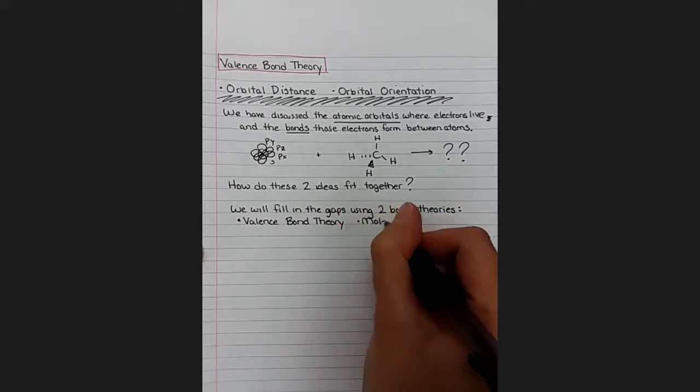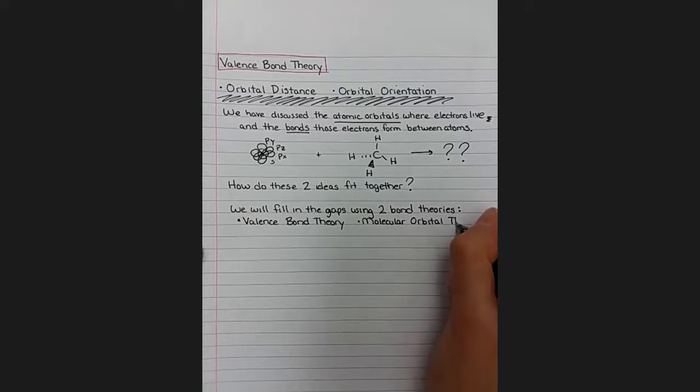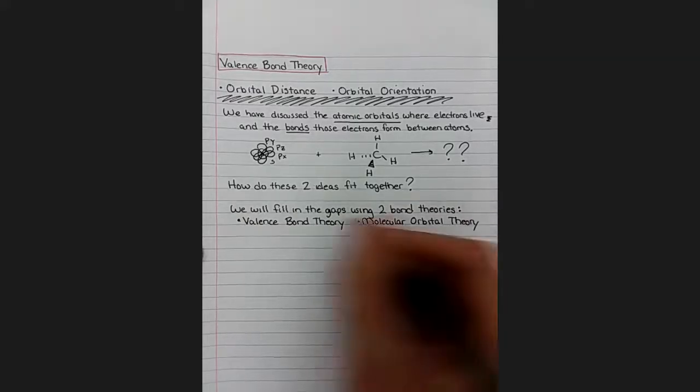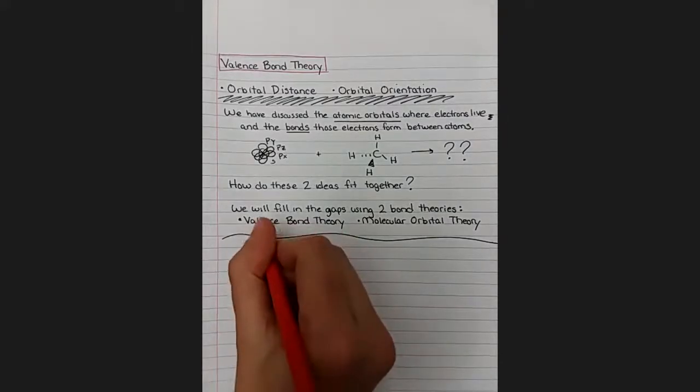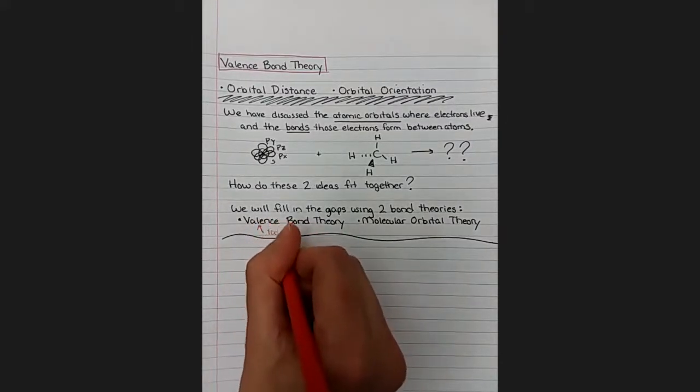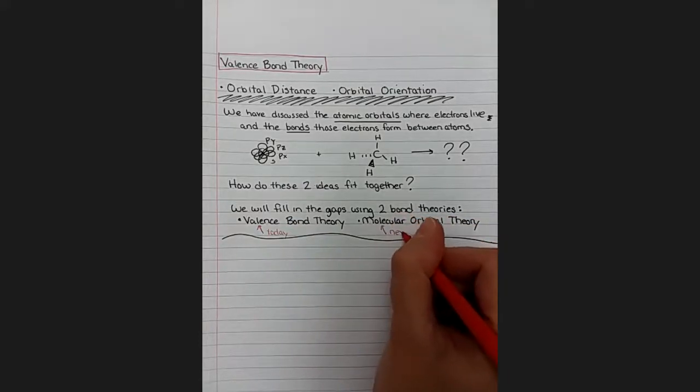And the second will be called molecular orbital theory. So we'll talk about valence bond theory today, and we'll talk about molecular orbital theory next.